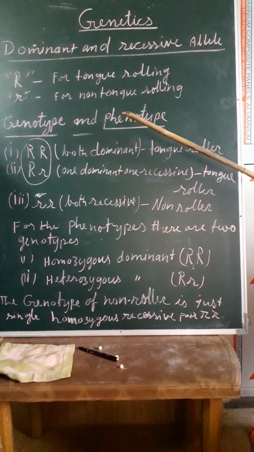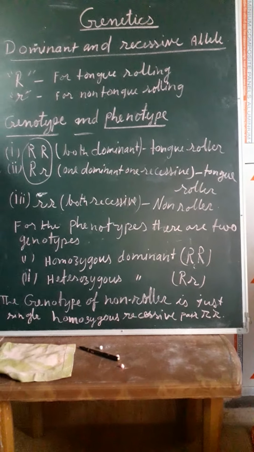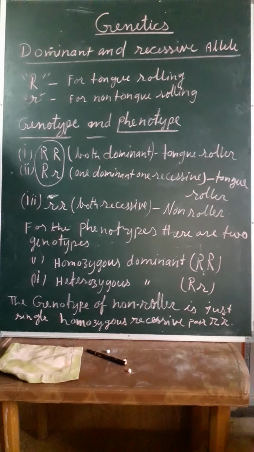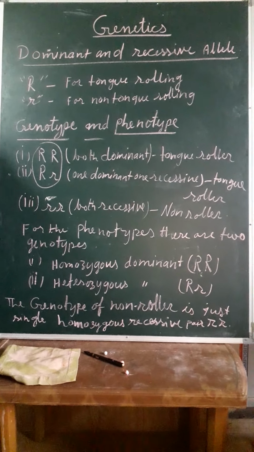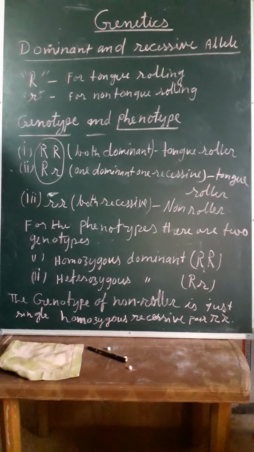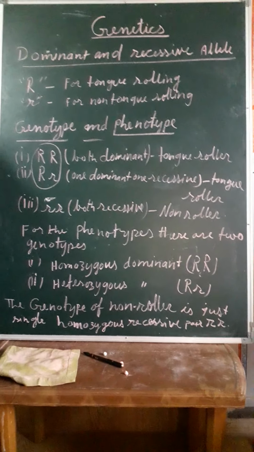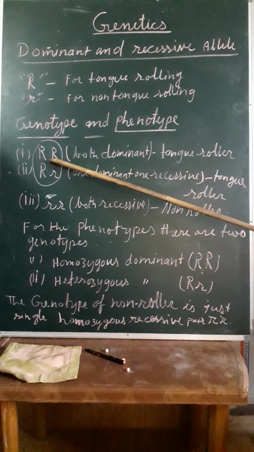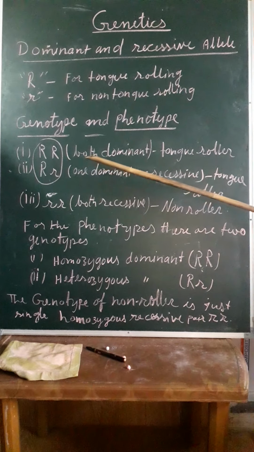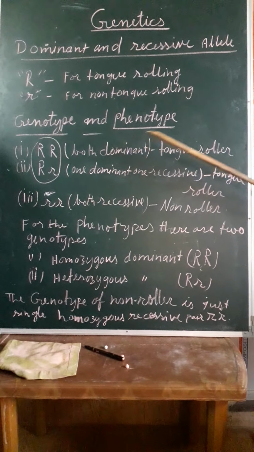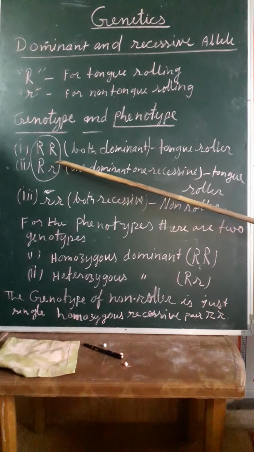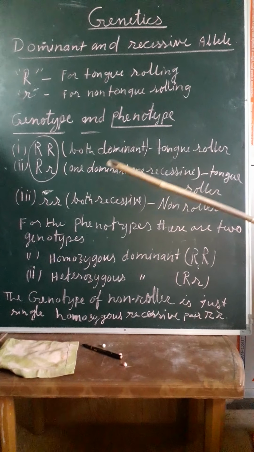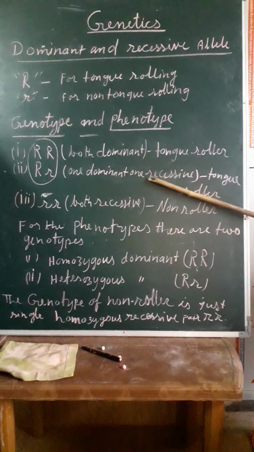Genotype and phenotype. There are three situations pertaining to any pair of genes, as for example in tongue rolling. Capital R and capital R, both dominant, tongue roller. Capital R small r, one dominant, one recessive.